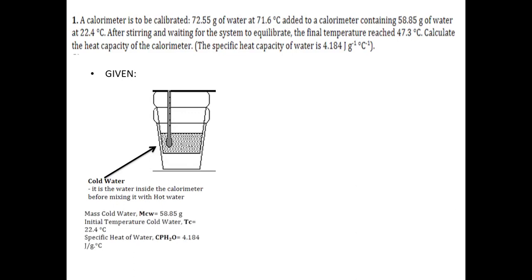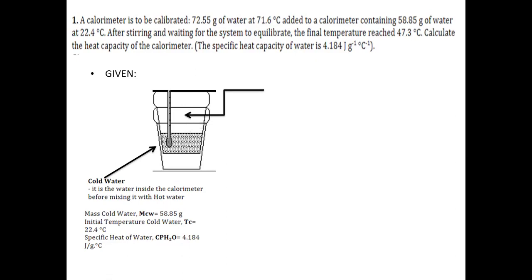So the mass of the water inside the calorimeter, according to this problem, is 58.85 grams. So this is represented as MCW, or the mass of the cold water, and the initial temperature of the cold water, according to the problem, TC is 22.4 degrees Celsius. And then the specific heat of the water is 4.184 joule per gram degree Celsius.